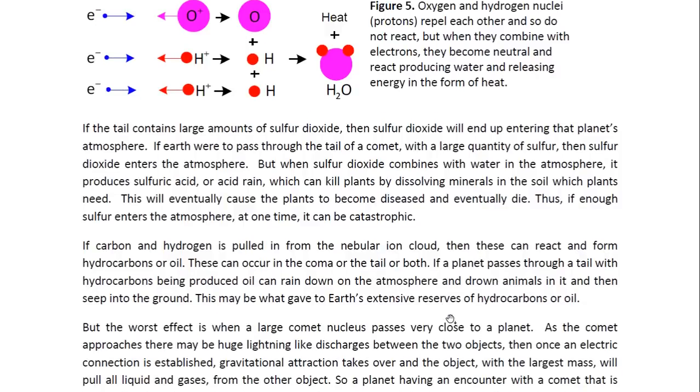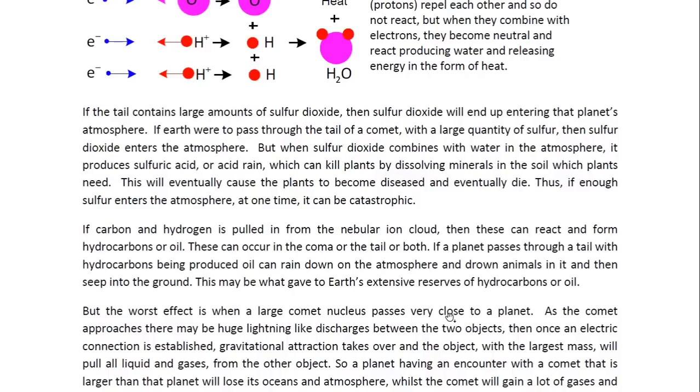But it's much easier for a planet to go through the tail than to pass close enough to the coma of a comet in order to interact with it that way. But if a planet passes through a tail which has hydrocarbons in it, then these may enter the atmosphere and fall as liquid, because some are liquid at room temperature.